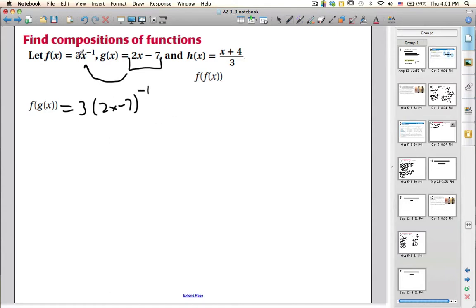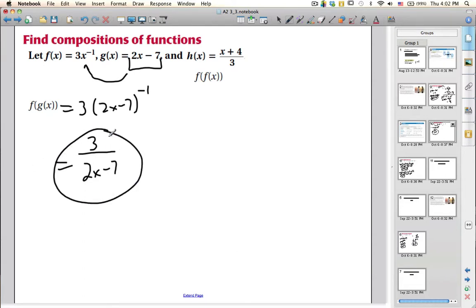So you'll notice I didn't change the coefficient, I didn't change the exponent, I just took g of x and I put it in place of x. This is going to be 3 over 2x minus 7 when I simplify it.